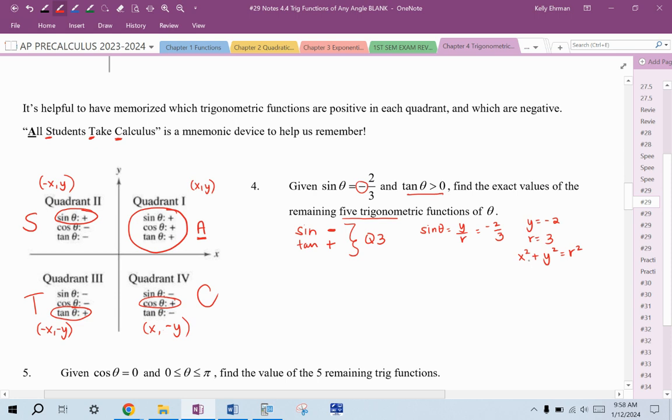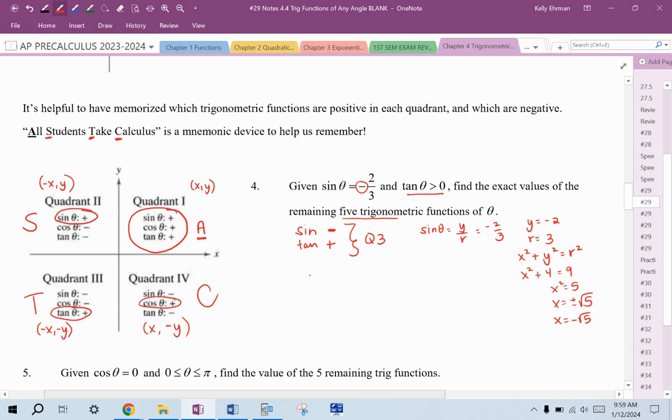The reason we keep using Pythagorean theorem is, remember, this is also the equation of a circle. So either way, we're talking about points that are on a circle. All right, so x squared plus 4 equals 9. X squared equals 5. Now, x technically equals plus or minus radical 5, and which one is it? Remember, you're in quadrant 3, so x should be negative because we're in quadrant 3.